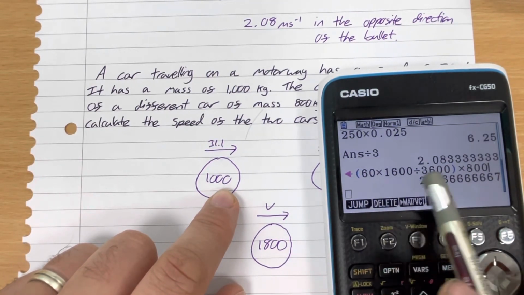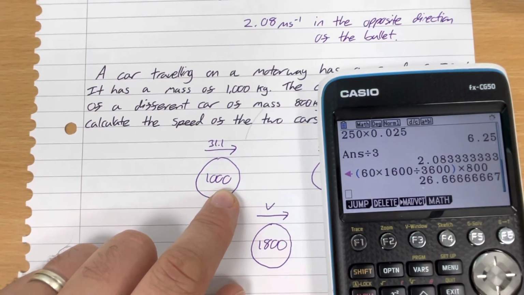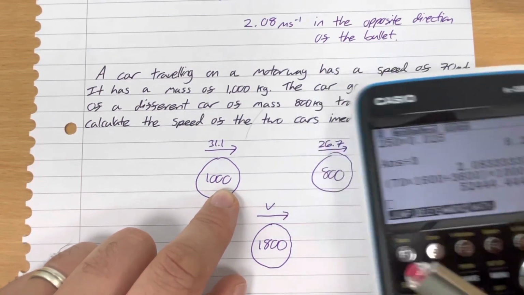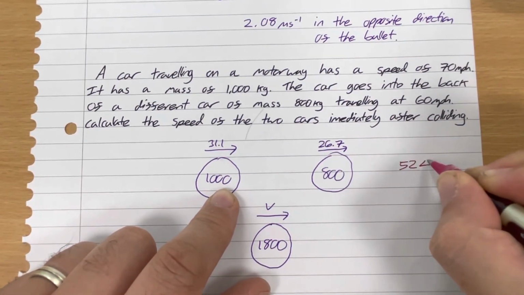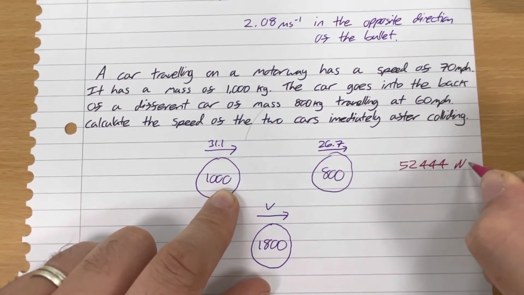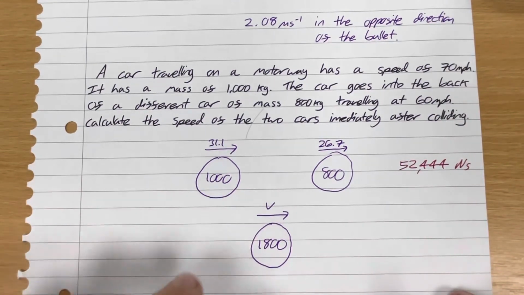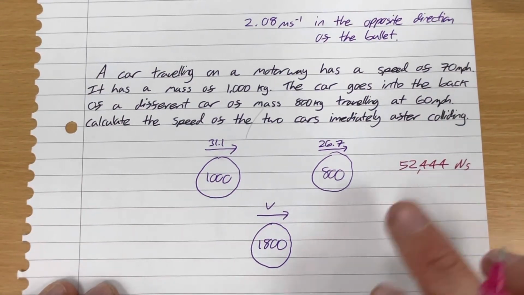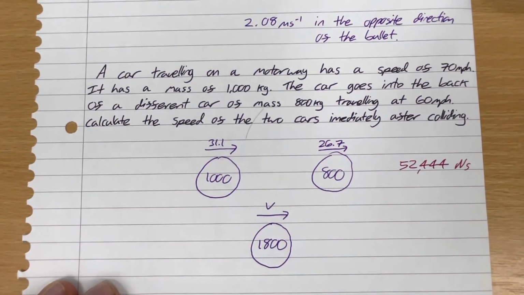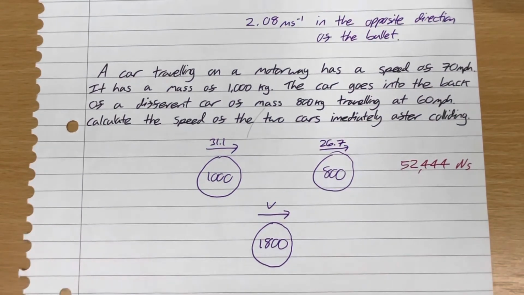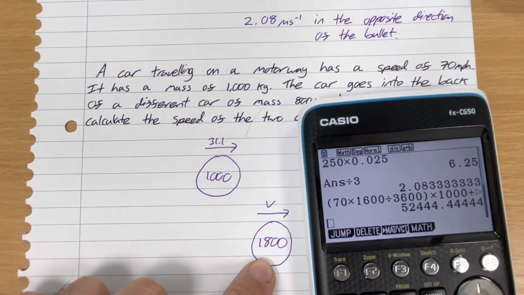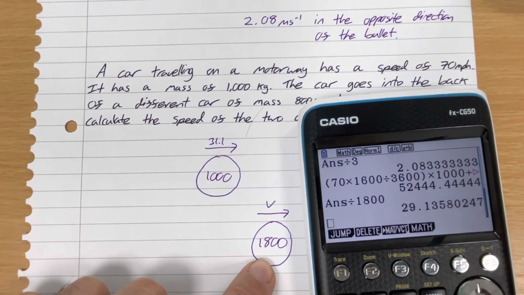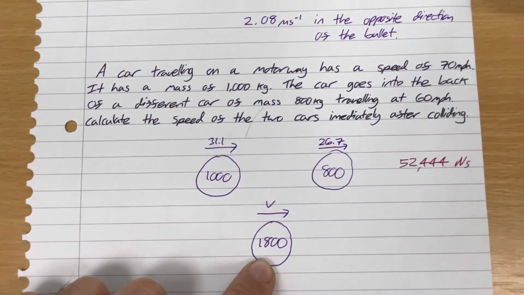So that is the speed of the second car times its mass. That's going to give me 52,444 Newton seconds. So that's the total momentum of the two cars before the impact. That must equal the same momentum directly after the impact. So to get the velocity, then I just need to divide that by 1,800, and I get 29 meters per second.